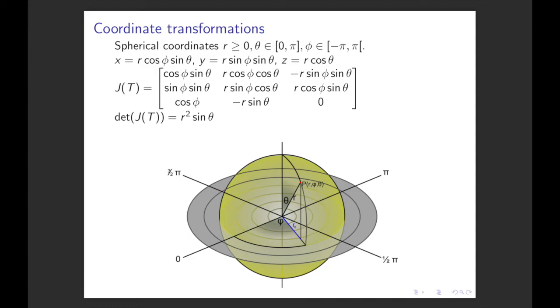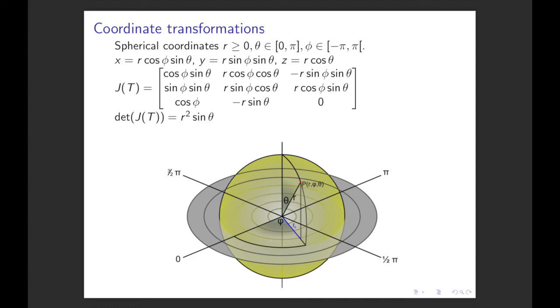Now the Jacobian, this is first row, the gradient of the function that gives x. Second line, y differentiated by first r, then theta, then phi. And the third row is z equals r times cosine theta, first differentiated for r, then differentiated for theta, and differentiated by phi.